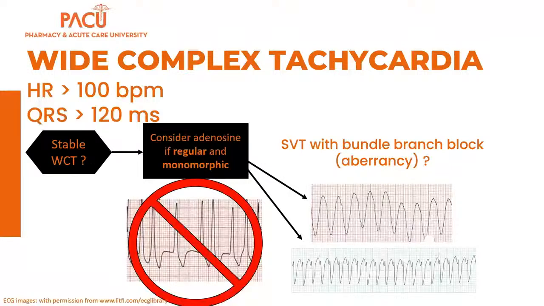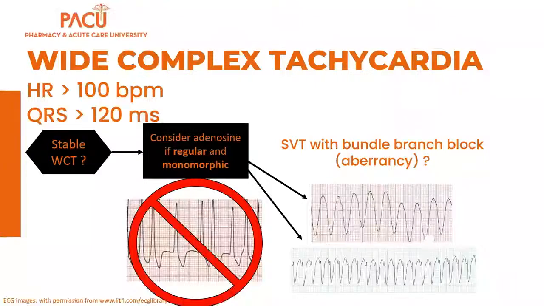An irregular wide complex tachycardia is a sign of WPW, Wolff-Parkinson-White, in the setting of AFib. And this is different than SVT with aberrancy. And this is obviously a case where you could harm someone with adenosine and cause a real VTAC. So I just wanted to explain this algorithm a little bit that you'll see in ACLS, WCT, wide complex tachycardia, because it's a bit confusing. But this is why we will consider adenosine if regular and monomorphic.